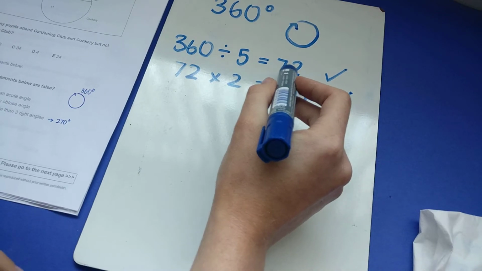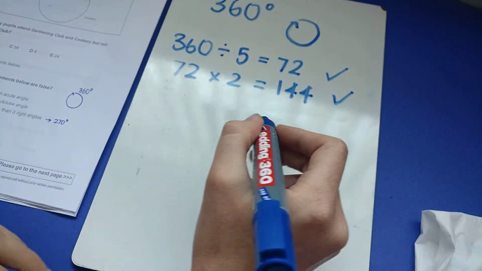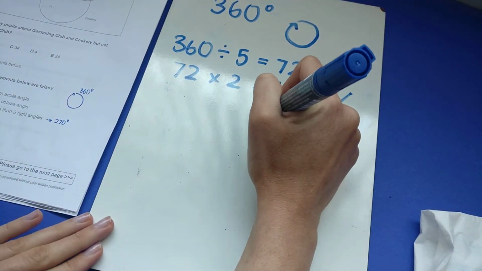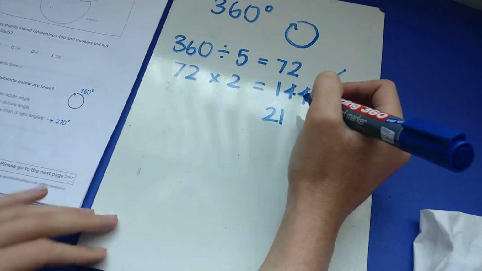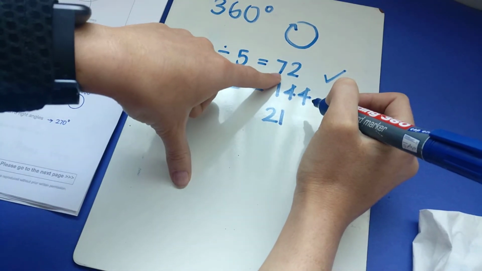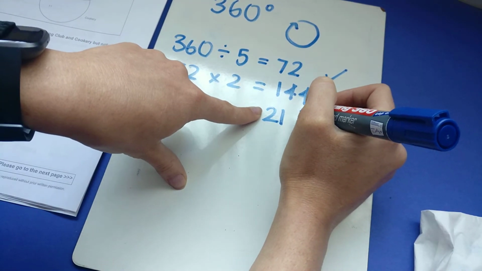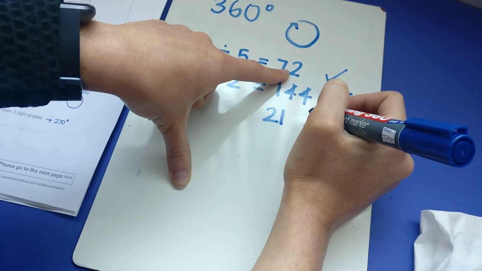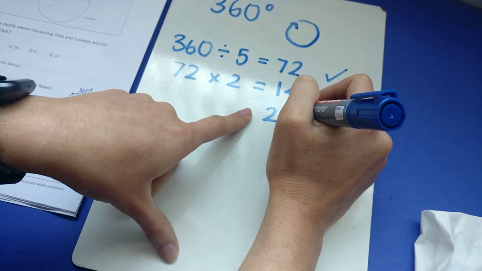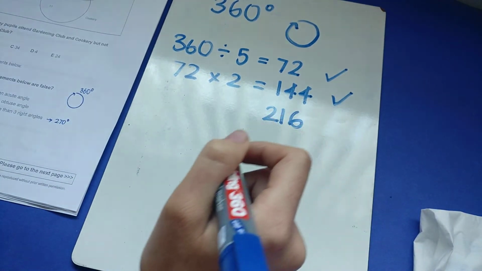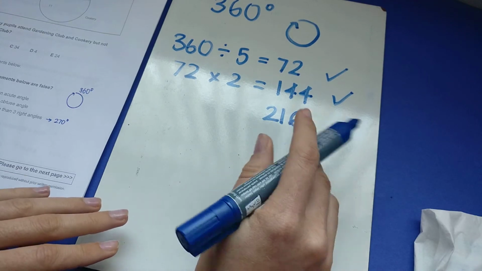You could have said 72 times 3, and I'll explain my working out there for you. 70 times 3 is 210, and then 2 times 3 is 6, okay? So that would give you 216.